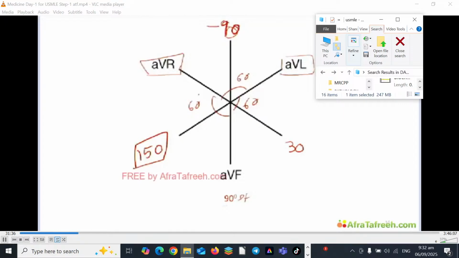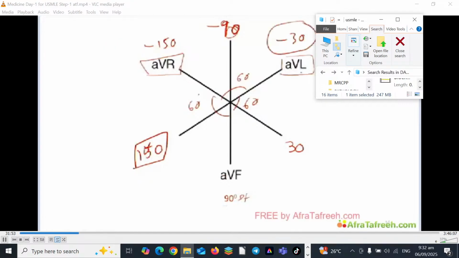When this is minus 90, anything here would become minus 30 and anything here would become minus 150. Now, as the electrodes are actually placed in this area and not here, it is placed here. So the AVL is considered to be at minus 30 degrees and the AVR is at minus 150 degrees.